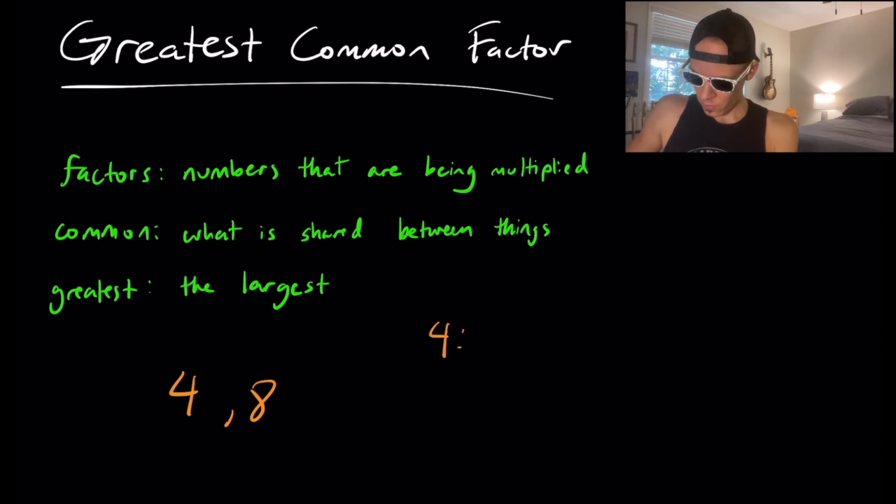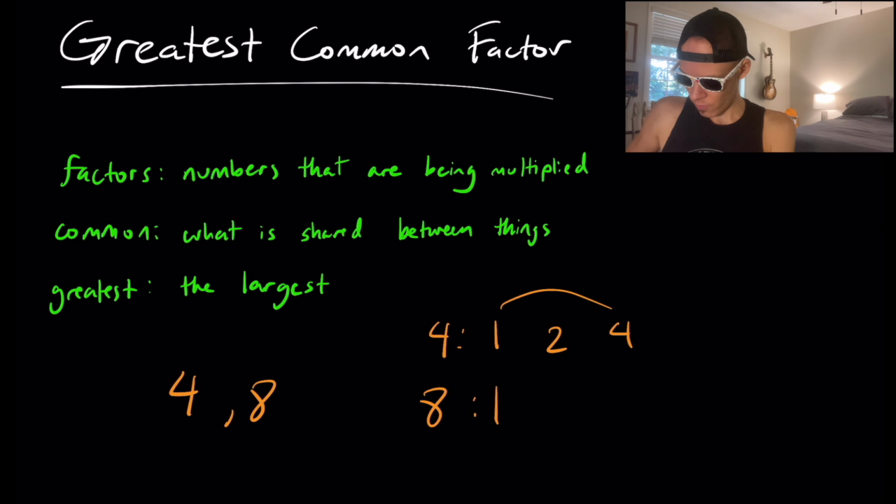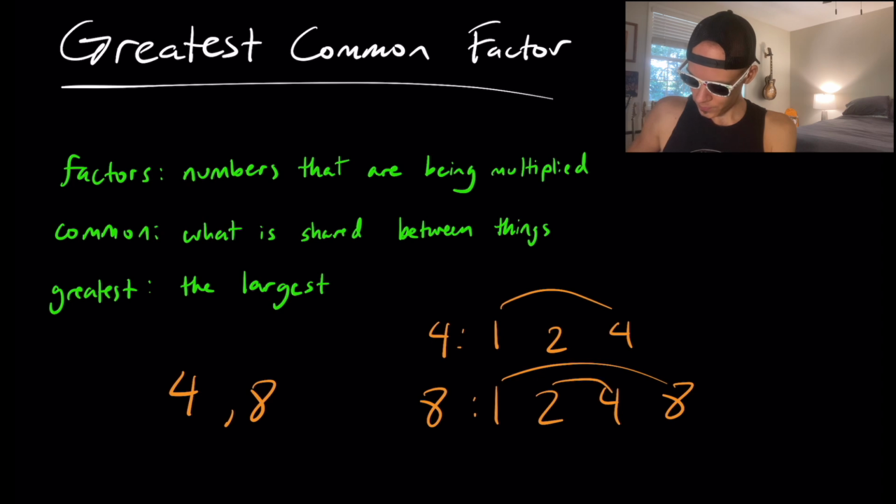For 4, we'll have 1 times 4. Those are factors, and then 2 times 2. So there are 3 distinct factors of 4. For 8, we have 1 times 8, and then 2 times 4. Actually, I'll do it like that to show this 2 times 2 is 4.